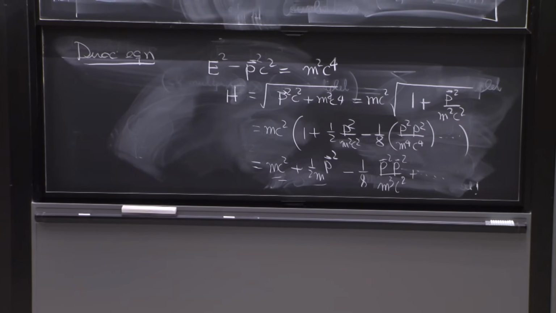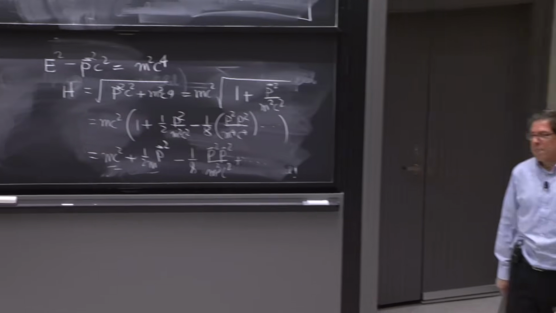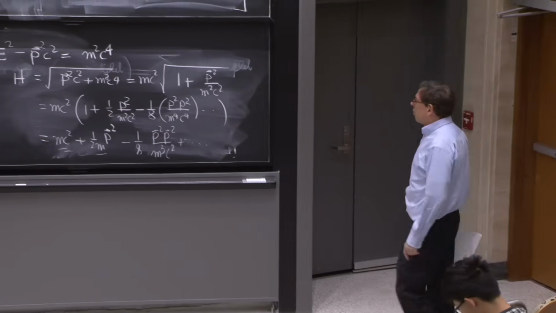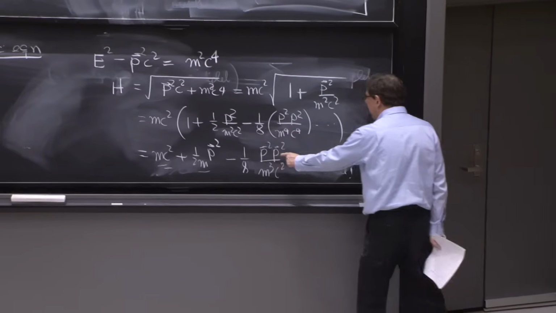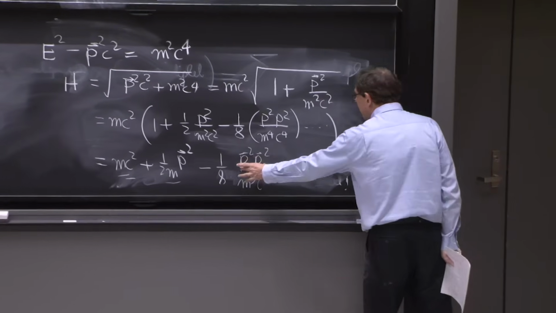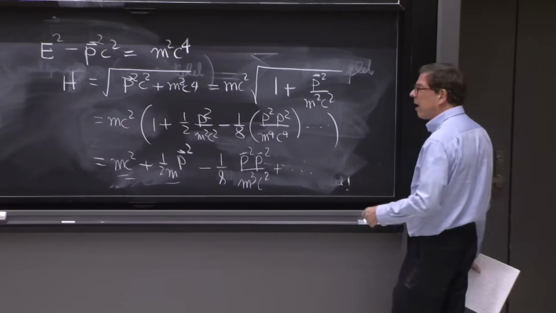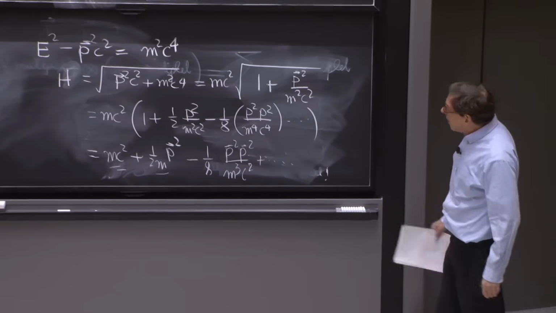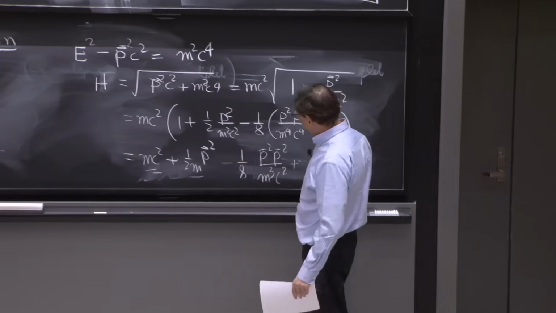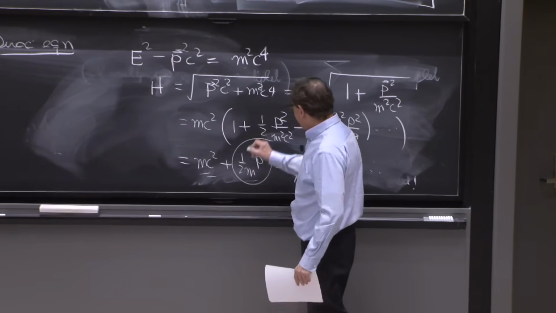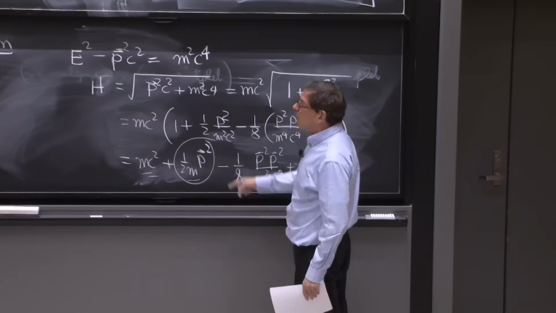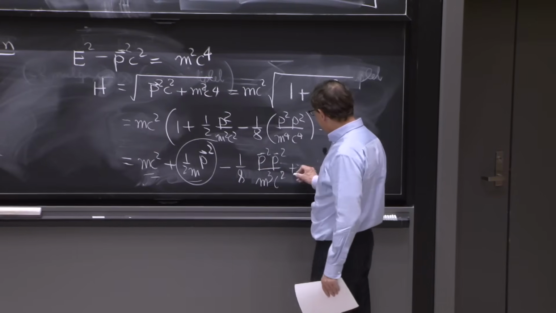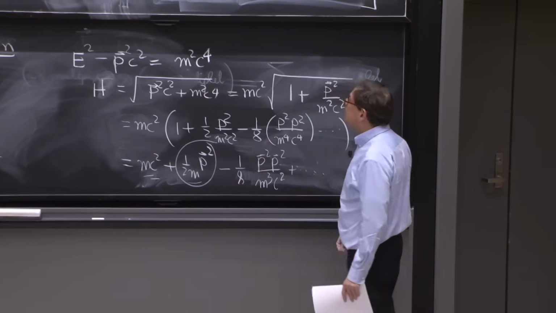Don't treat that Hamiltonian too seriously because the Schrödinger equation would have an infinite number of spatial derivatives: p to the 4, p to the 6, p to the 8. Never going to get that understood. But in terms of perturbation theory, we can think of p squared over 2m as your original Hamiltonian, and here is a relativistic correction that is small.